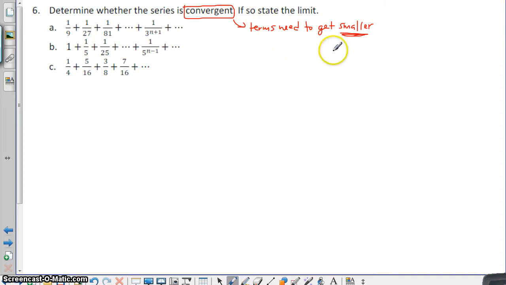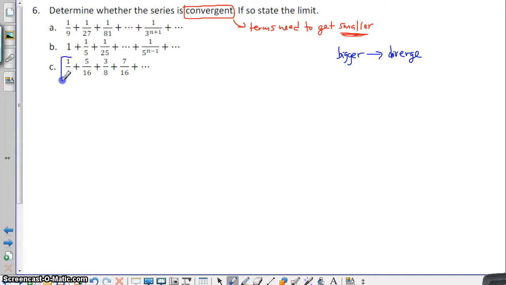Meaning if it doesn't get smaller, meaning the terms get bigger, you automatically know that this is going to diverge, meaning it's just going to get bigger and bigger and bigger, either in the positive or the negative direction. It'll never stop. It'll just get larger and diverge. So one of these is obviously getting larger.